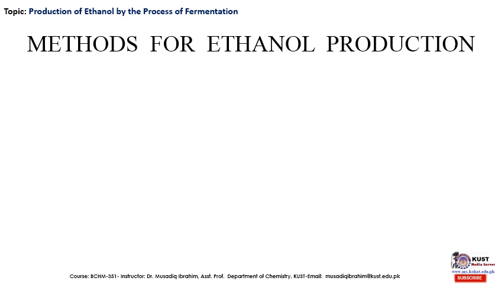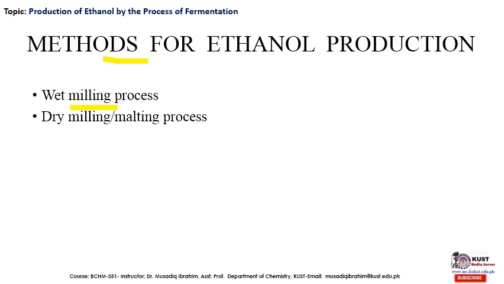Now move towards the methods for ethanol production. The first one is the wet milling process. The second one is dry milling or malting process by which the ethanol is produced. The third one is dilute acid hydrolysis process.